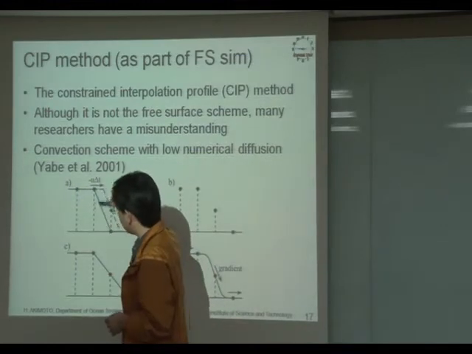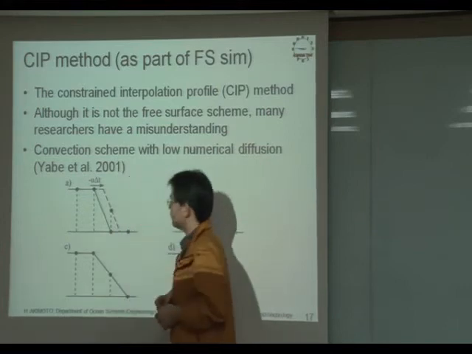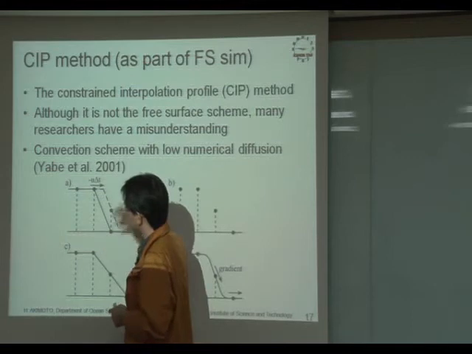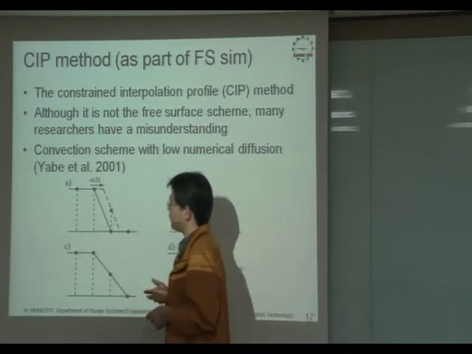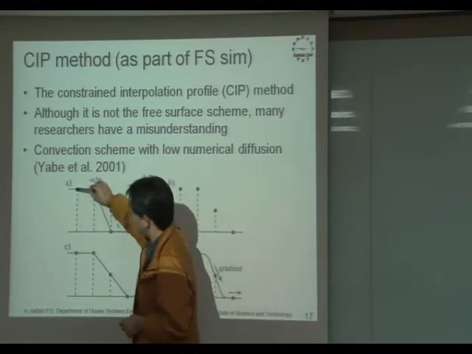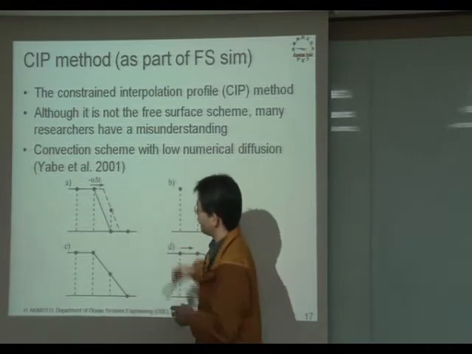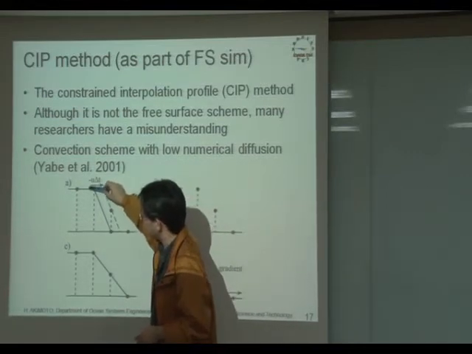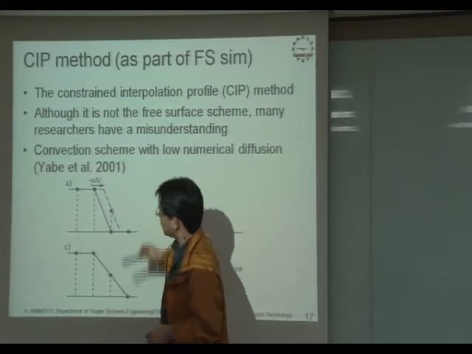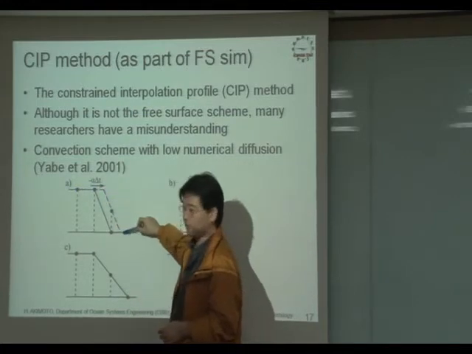This solid line indicates the present profile. And naturally, if we consider the convection accurately, this line will move with the velocity field. So next, if the present line is like this, the line in the next step will be like this.